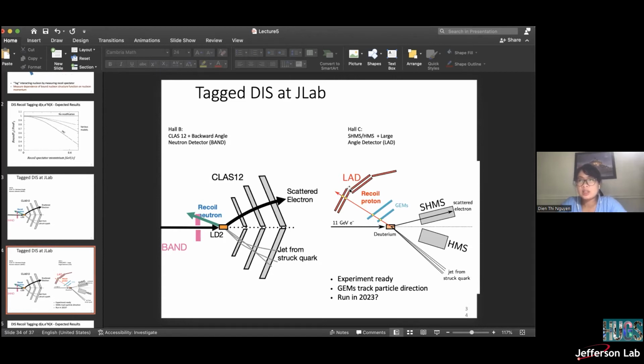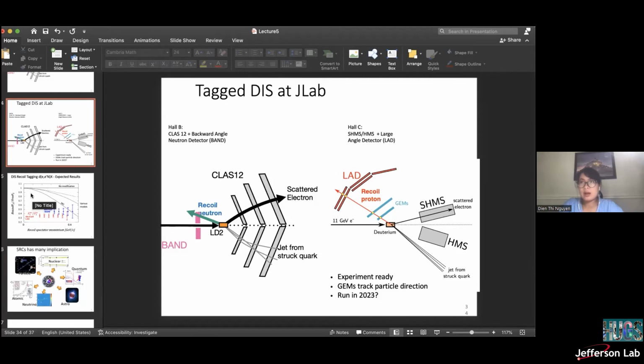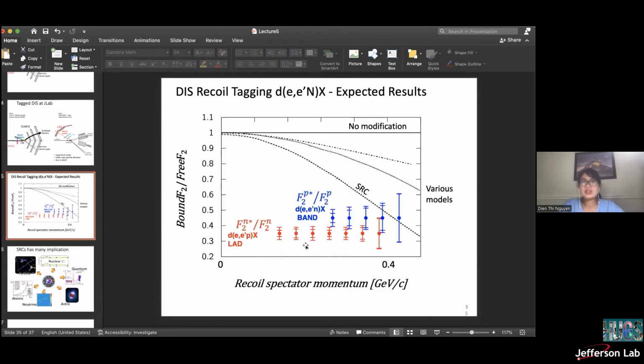In that experiment, we will detect the recoiled proton. By combining the data from these two experiments, we are hoping to nail down our SRC EMC effect theory. This is some projection of the data, showing how much statistics we can measure in this experiment.